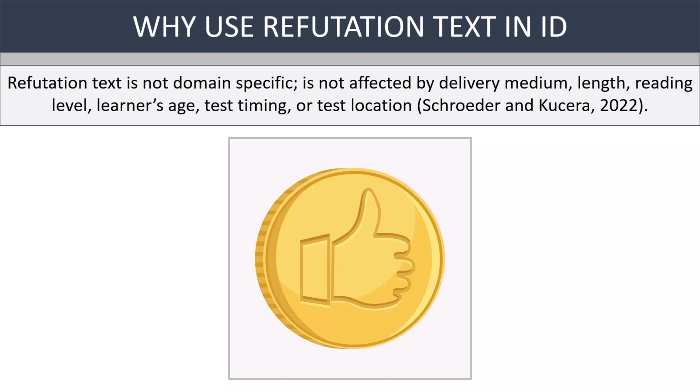Additionally, conceptual change texts tend to take a less straightforward approach to change by starting with a question and then presenting evidence to counter misconceptions. This may confuse less skilled readers. Refutation text, on the other hand, is very straightforward, stating the misconception at the outset and proceeding from there.